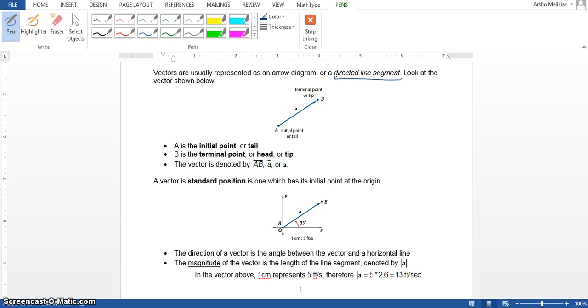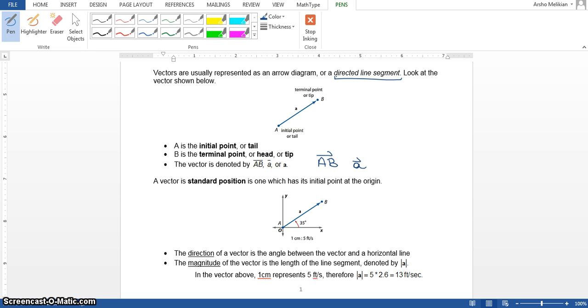Notation. It's AB with a single arrow. So if we're writing it by hand, it's AB and the arrow looks like this. Or it'll be lowercase a and the same arrow. You don't draw a full arrow, you just draw the top part of the arrow?